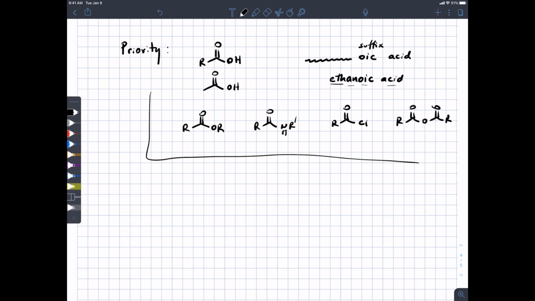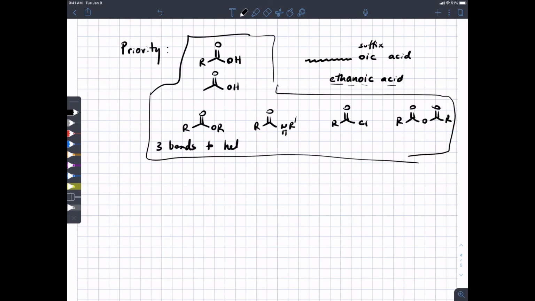Because for most of the molecules you will encounter in naming questions, if it has anything from up here, it will be just 1. So in that case, it's good enough to recognize that if you have a carbon bonded 3 times to a heteroatom, it's probably in this priority 1 group.